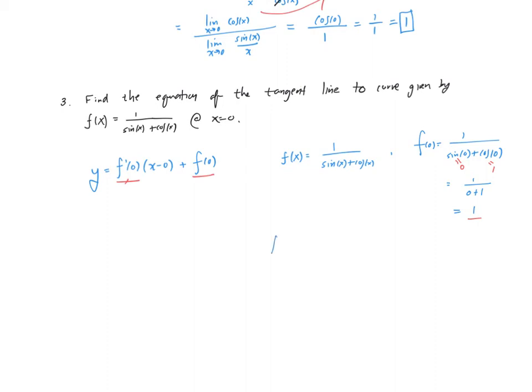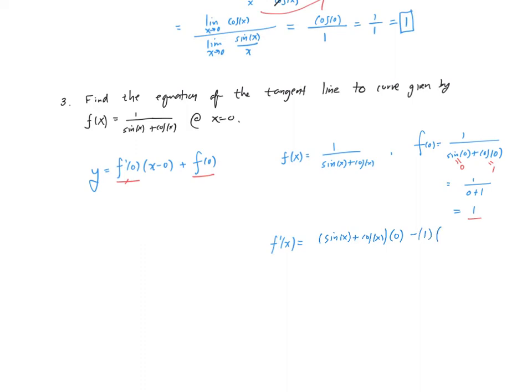The second function value comes from differentiating f. This requires the quotient rule, and the quotient rule tells us here in words, low d high, and the derivative of that top function of 1 is 0, minus high d low.